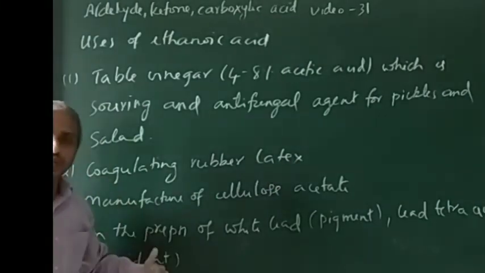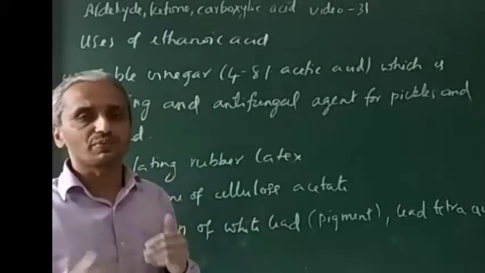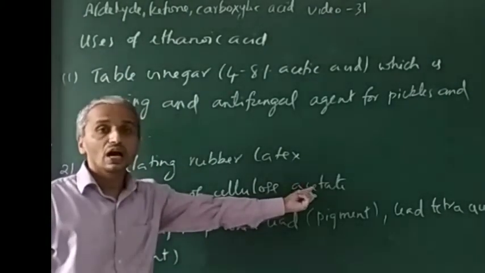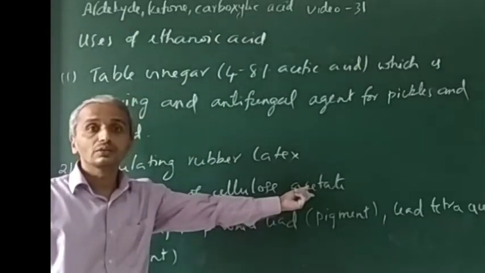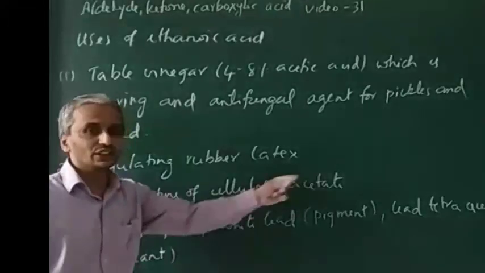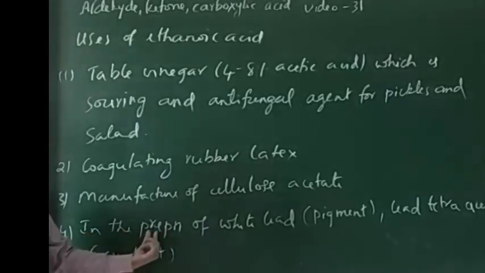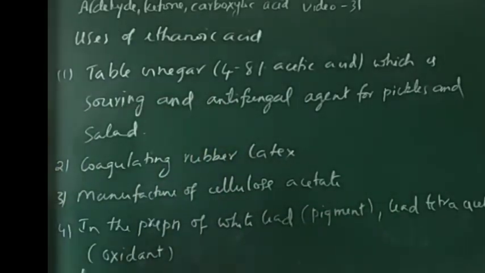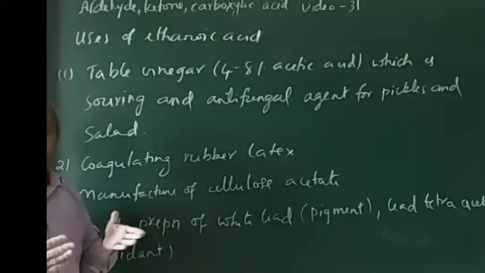What is coagulation, etc.? You are studying in the surface chemistry chapter. Then, manufacture of cellulose acetate, an artificial or synthetic polymer. In the preparation of white lead, which is used as a pigment, or lead tetraacetate, which is an oxidant, there also we are using it.